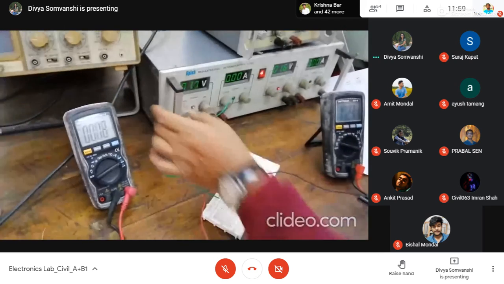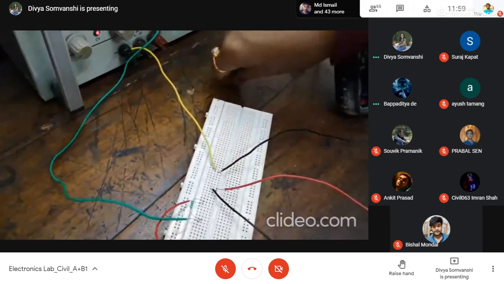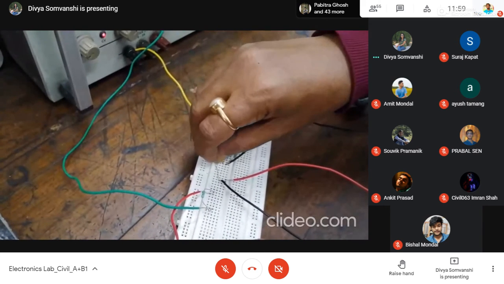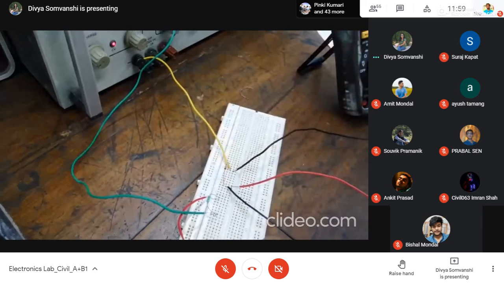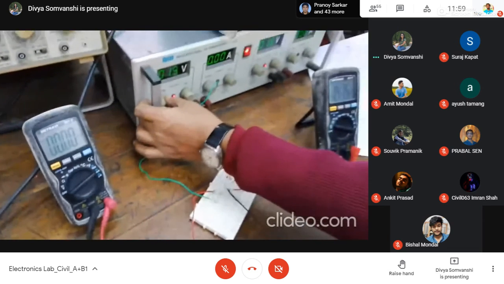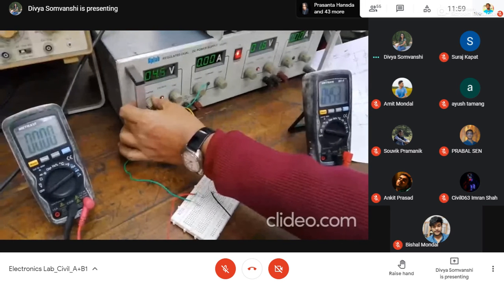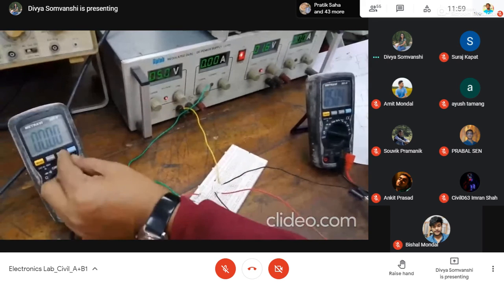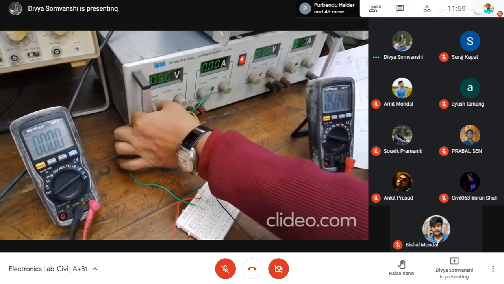Here is another Zener. You see, I am increasing voltage, a small amount of current goes to the Zener, that is, Zener breakdown does not appear.